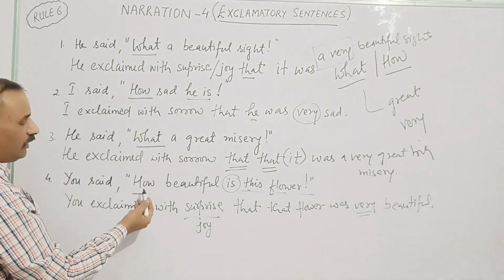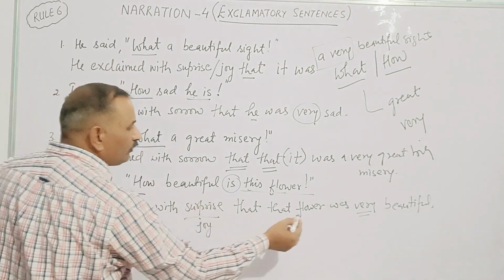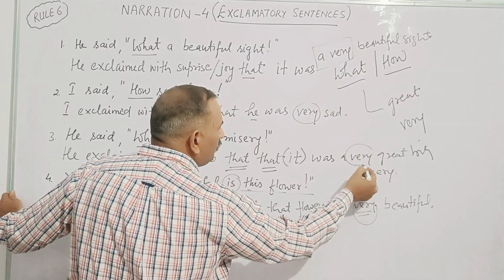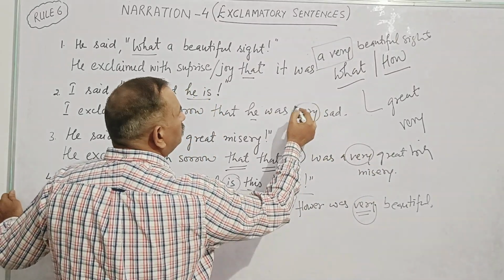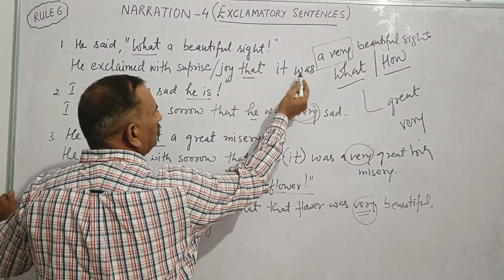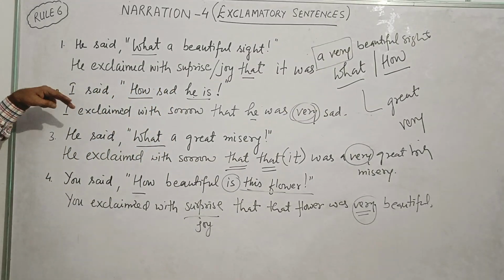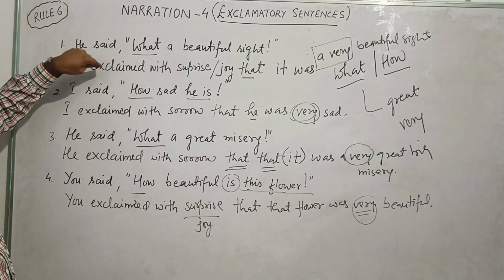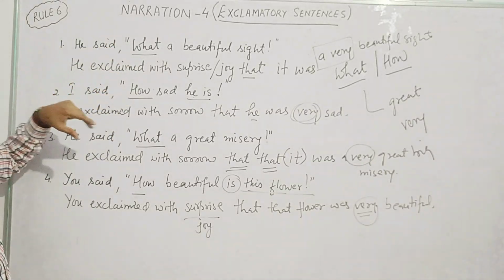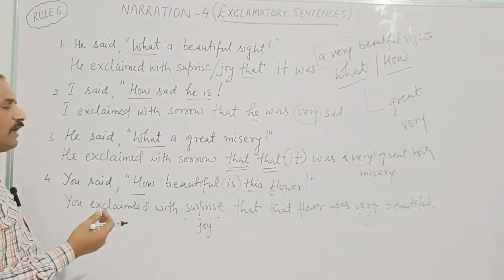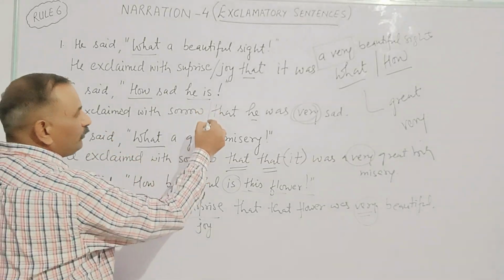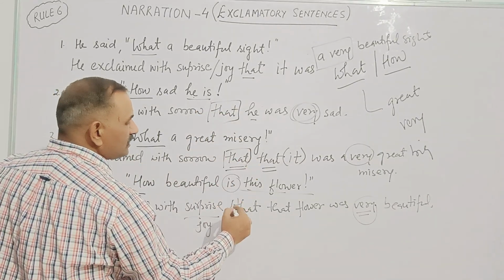What, how, and what. Again, how will change into the word very before the adjective, again very beautiful sight. So the same thing, the exclamatory words will be exclaim with sorrow, exclaim with surprise, exclaim with regret, and you will put that as a conjunction.